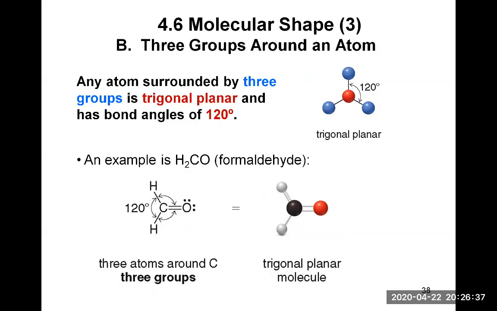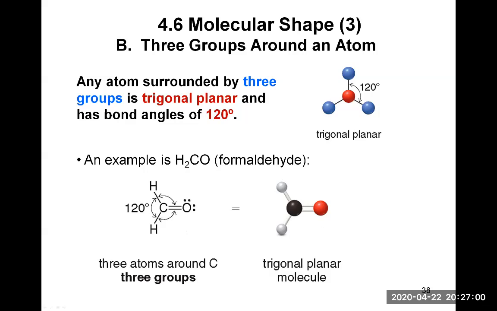When an atom is surrounded by three groups, the molecule will take a trigonal planar shape, and the bond angles will be 120 degrees. In the model here, the central atom is the red sphere, surrounded by three blue spheres, and they are exactly equidistant from each other.